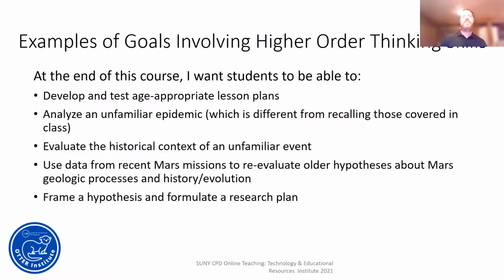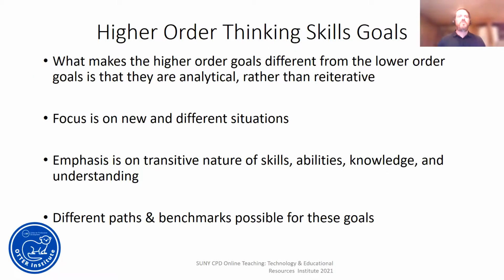But maybe they would step back and do some internet research to evaluate the historical context of an unfamiliar event. But they're not going to do as much work as a professional historian, right? So the benchmarks for what counts to achieve those goals are going to change depending upon the course level and ultimately what they're going to accomplish at the end of the process.